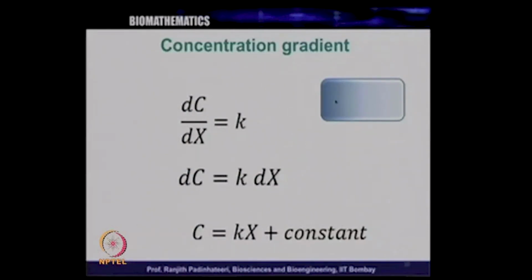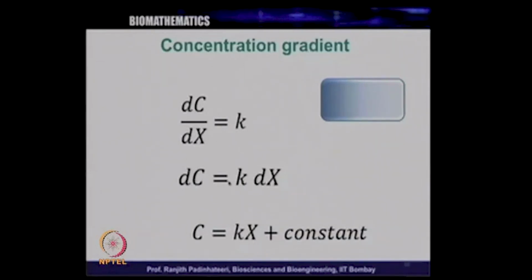How do we say that the concentration is slowly increasing? The way to say this is that dC by dx is a constant. That means the change in concentration when you change x is a constant. This is the simplest thing, a constant change in concentration, and you can integrate this equation as we always do, by multiplying both sides with dx.